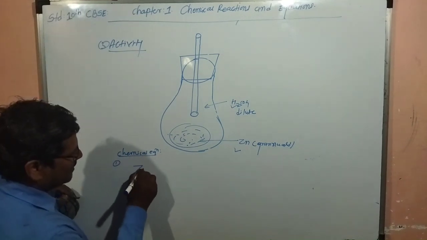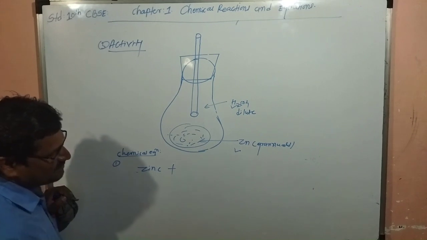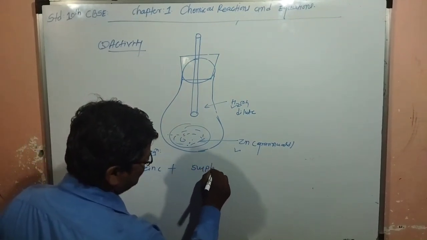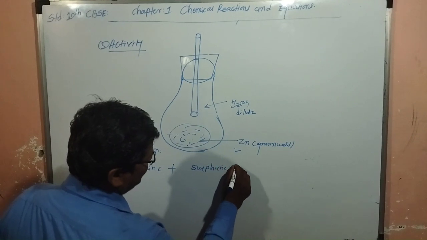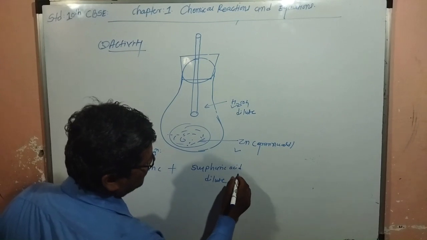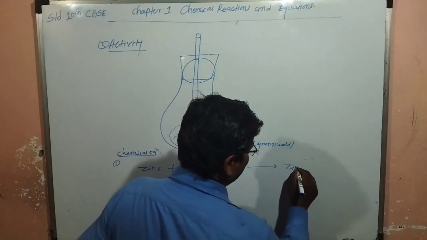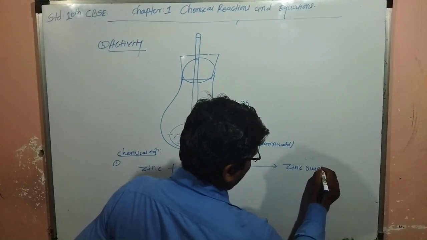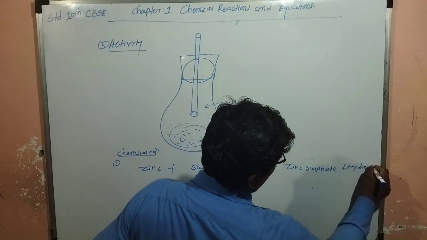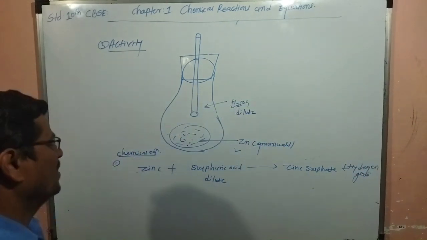So zinc plus sulfuric acid, here in dilute form, and it will give zinc sulfate plus hydrogen gas.